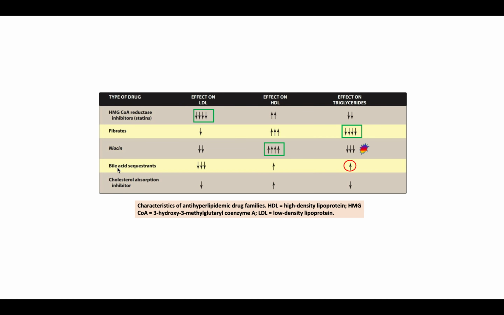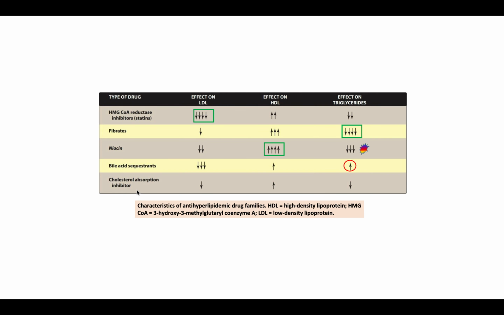The bile acid sequestrants are going to decrease the LDL by allowing it to be excreted, and it will somewhat increase the triglyceride though. So this you have to use in tandem with something else that decreases the triglycerides. So using this with fibrates, it's a good deal.